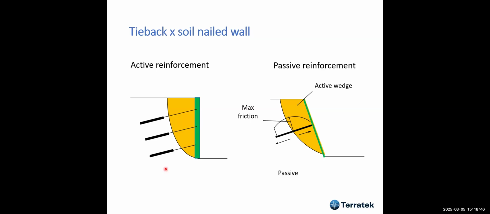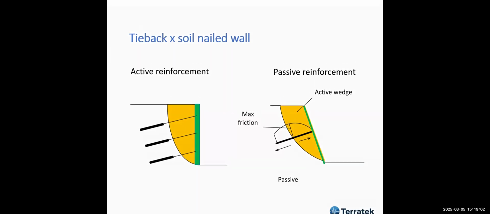I still remember that. And the passive reinforcement, as I said before, has no pre-stressing, and it mobilizes friction when there's a tendency for this wedge to move. It is not applicable where a 1 meter high bench cannot be excavated.